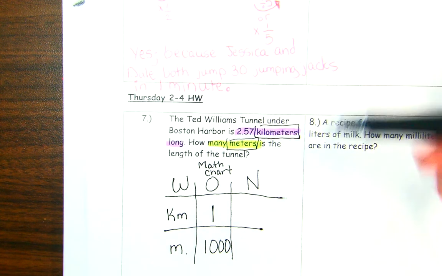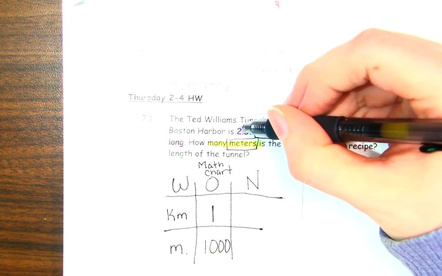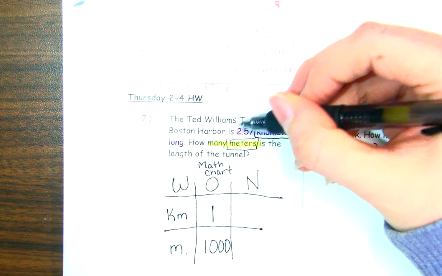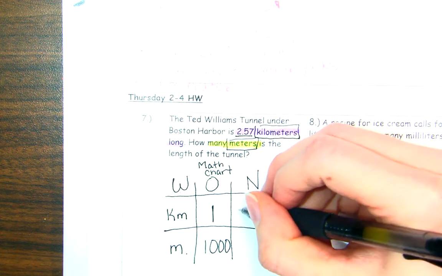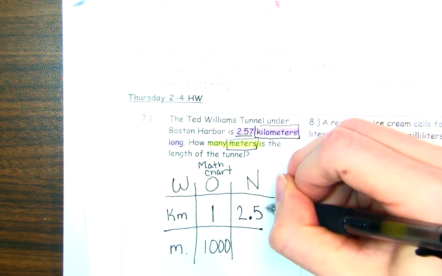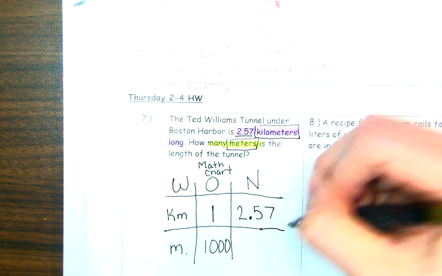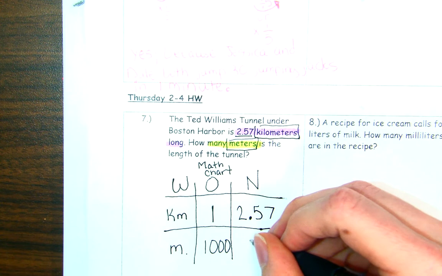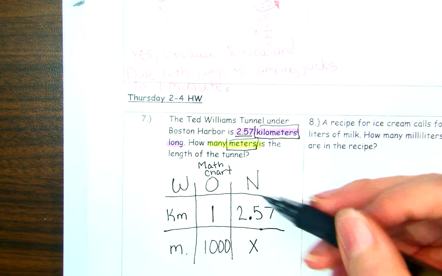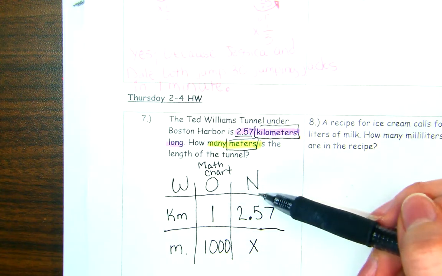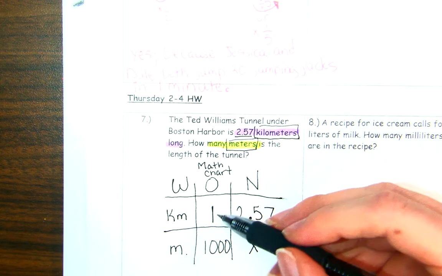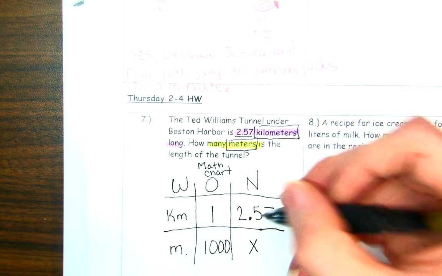Now I need to look at how I'm going to find my new. It says 2 and 5,700 kilometers. So I need to make sure the 2 and the 5,700 goes with the kilometers. And then here would be my X. Now, again, you're going in the direction of X. We could actually look at this several different ways when we find scale factor.